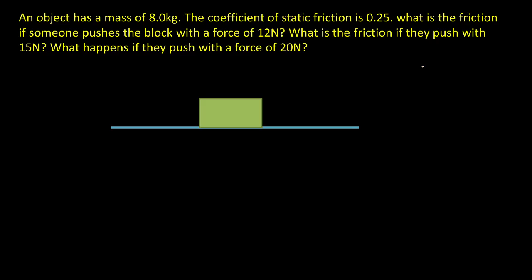What happens if they push with a force of 20 Newton? So, meron daw object na merong mass na 8 kg, and coefficient static friction na 0.25. Ano daw yung friction kung tutulakin natin siya ng 12 Newton, 15 Newton, and 20 Newton.